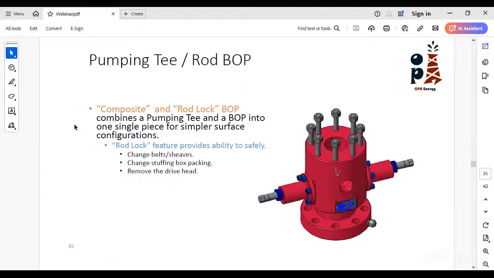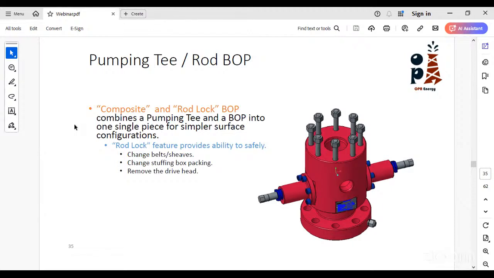The pumping T, of course, you need a pumping T below your drive head that is responsible for diverting the fluid that's coming from below towards the flow line you have, with a sealing element so as not to affect the surface equipment that you have on site.